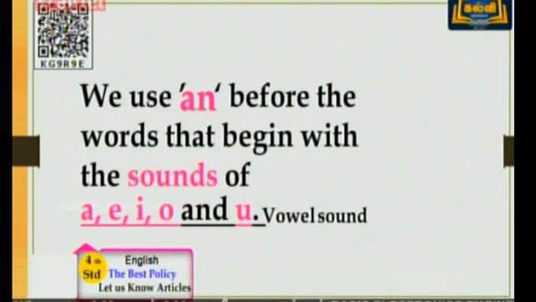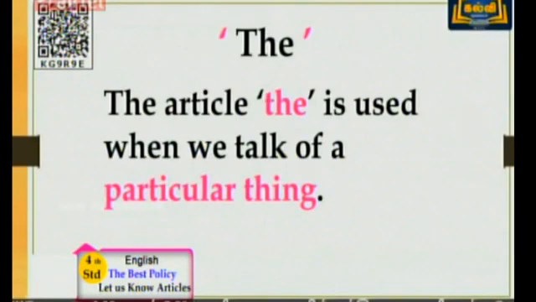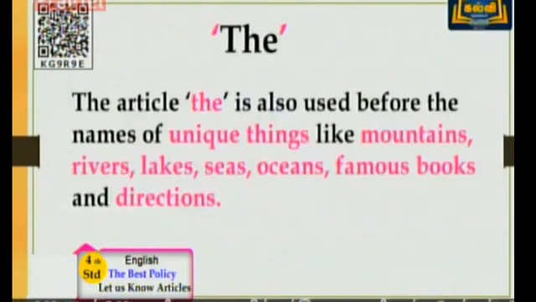So apart from a, e, i, o and u, for all other sounds we use the article a. Only for the words starting with a, e, i, o and u, that is the sounds, not only the letter, the sounds, we use the article an. The article the is used for the particular and unique things.